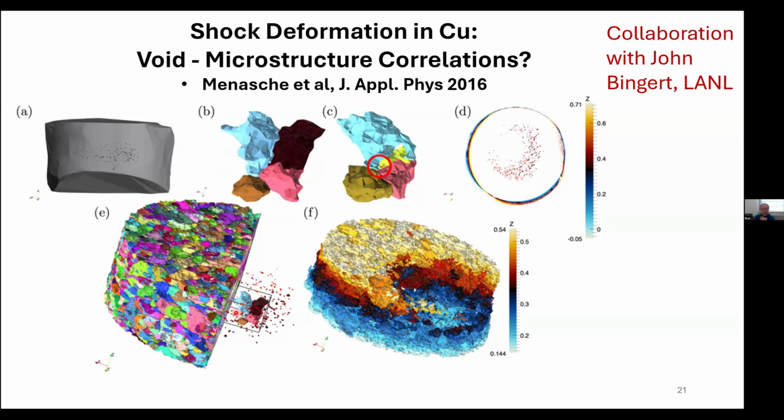So you can see that this little cluster of grains with different colors, different orientations, overlap the region in the sample where we see lots of voids forming. And yeah, this is a top-down image of the voids inside the sample.